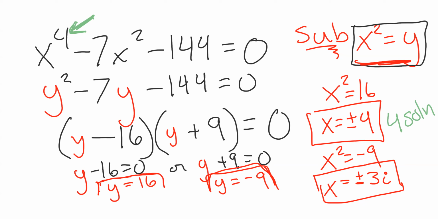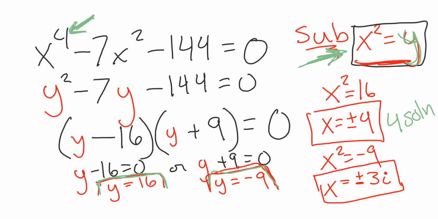The trick is to remember when we solve for what we call a dummy variable, this y is our dummy variable. Once we solve for that, we have to make sure to go back and undo our substitution so we can get our actual variable x. Okay. So that is example 2.